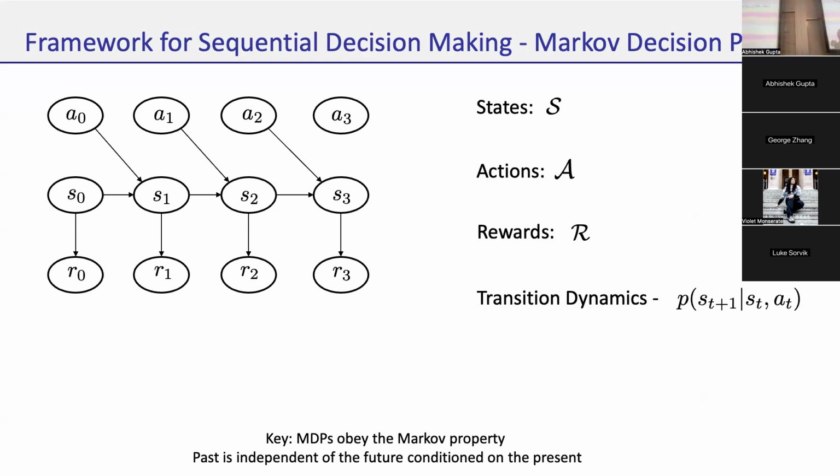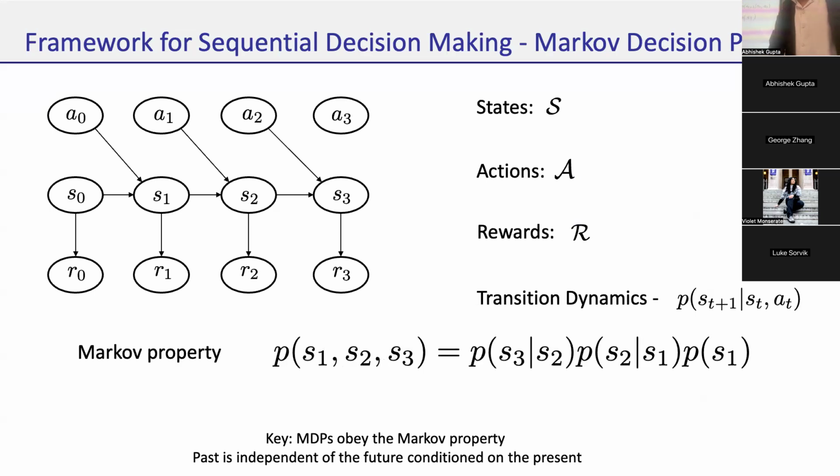And transition dynamics is kind of like your world model, right? But an MDP is called an MDP because of the Markov property. We've talked about the Markov property before too. So the past is independent of the future conditioned on the present, right? And we can start that way. So it's kind of the same formalism we've been using thus far.